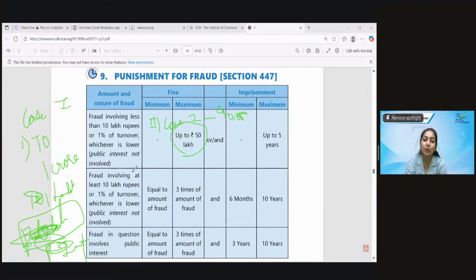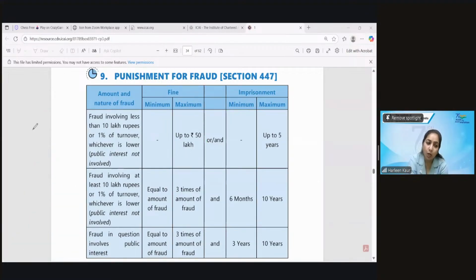And now who is going to answer me if the fraud is, हमारा 1 lakh का limit set हुआ है. If the fraud is 3 lakh rupees and no public interest is involved. The limit we have set is 1% of turnover, that is 1 lakh or 10 lakh, whichever is less is 1 lakh.